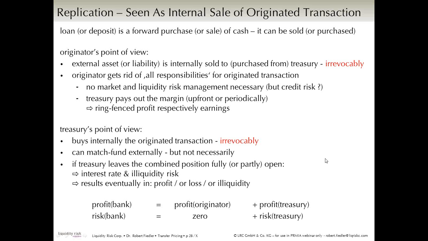Profit of the bank is the profit of the originator plus the profit of the Treasury. The risk of the bank is zero in the originator, and it sits in the Treasury depending on how the Treasury has purchased the asset from the originator and sold or hedged or whatever it has done with the assets.